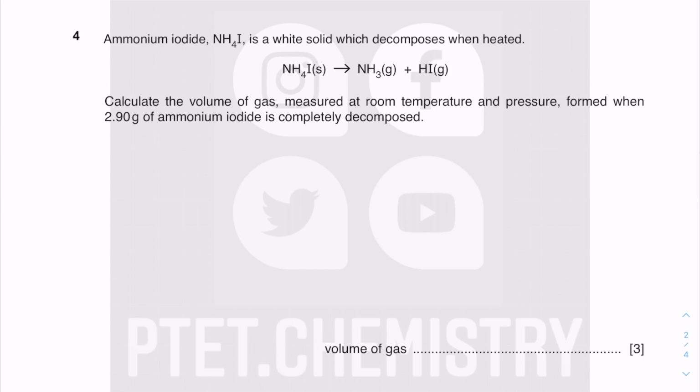Question 4 is an ammonium iodide. Ammonium iodide is a giant ionic structure. It consists of ammonium ion and iodide ion, which of course you could do qualitative analysis tests. With sodium hydroxide, you heat it, you get ammonia gas, which will turn red litmus paper blue. You can test the iodide with silver nitrate.